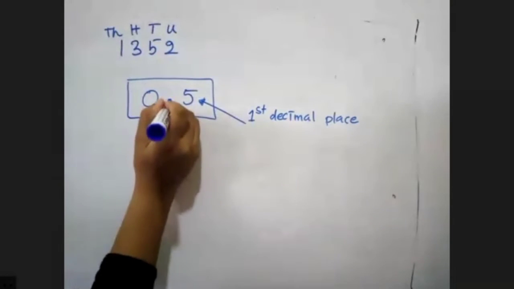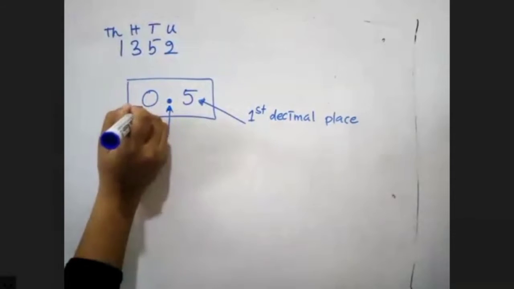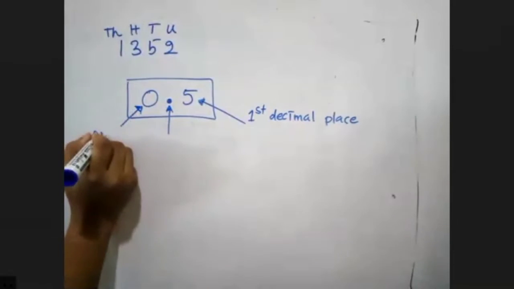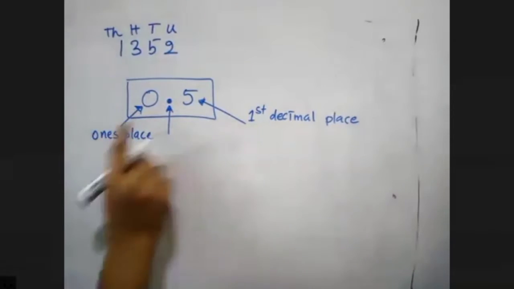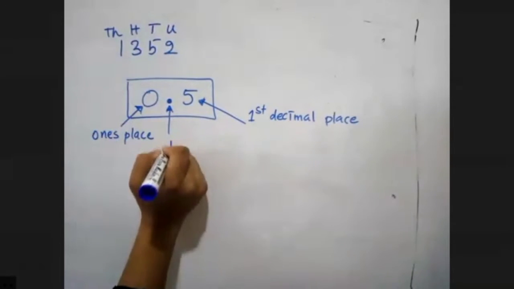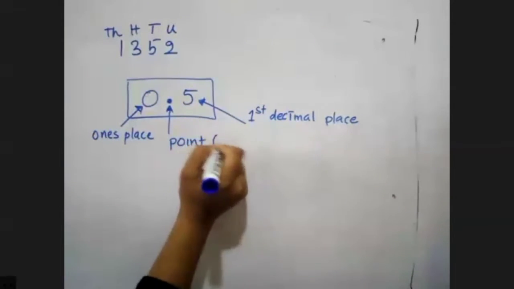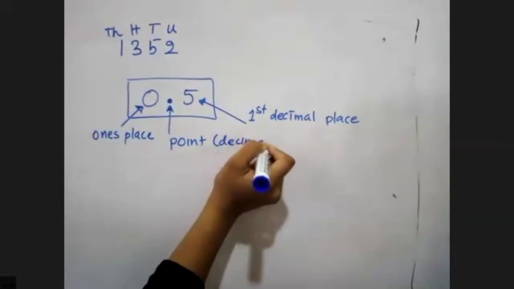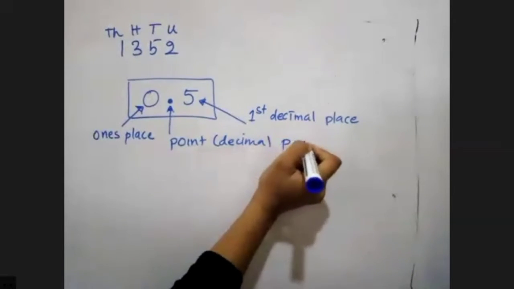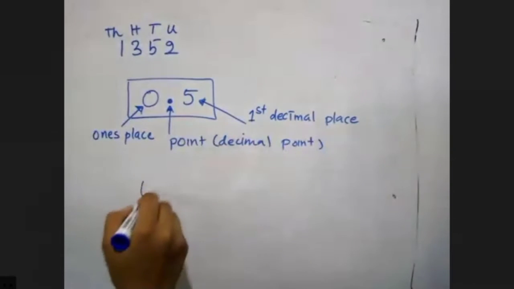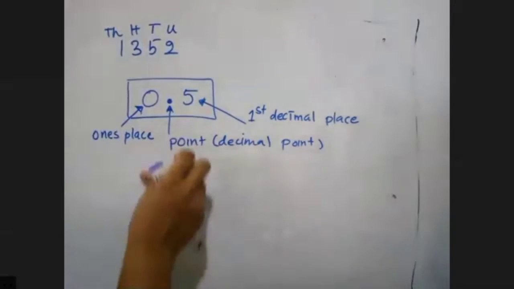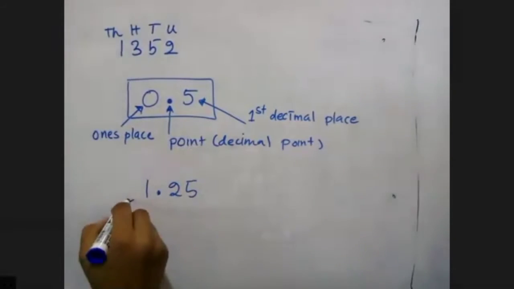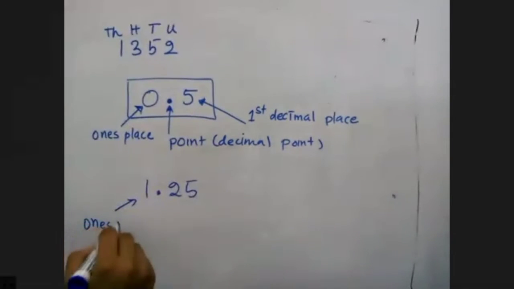And this first decimal place is separated from the ones place. This is called the ones place. So this first decimal place is separate from the ones place by a point. And that point is called the decimal point. And if I take another example, 1.25, this is the ones place here also.